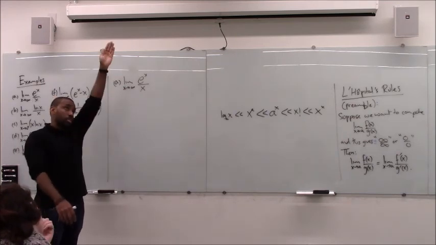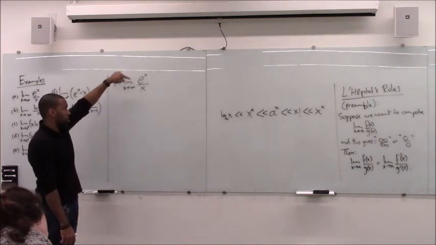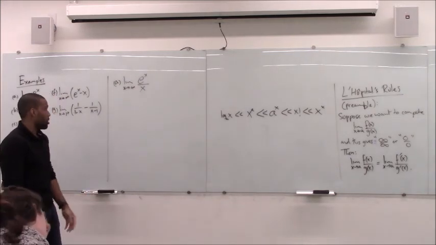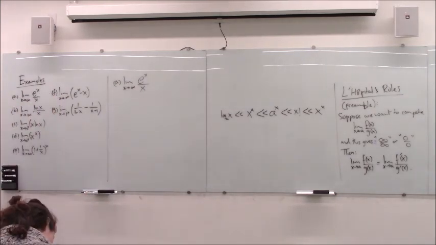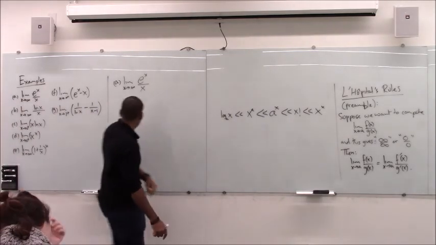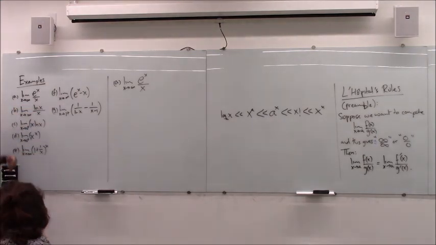So e to the x is up here, and then x is way down here. You have a very large numerator and very small denominator, so you'd expect it to go off to infinity. By similar reasoning, you'd expect B to go to 0, because the logarithm is going to be smaller than the exponential. So I have a very small numerator and a huge denominator by comparison. So you should expect that to go to 0.